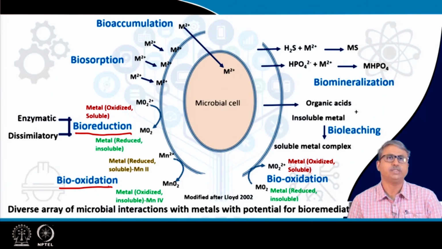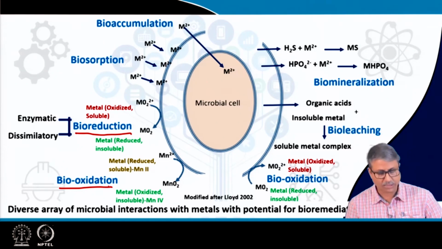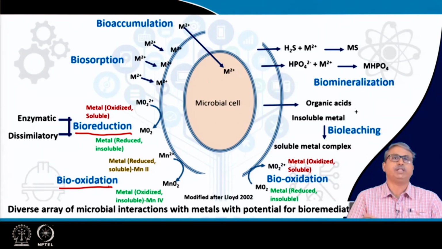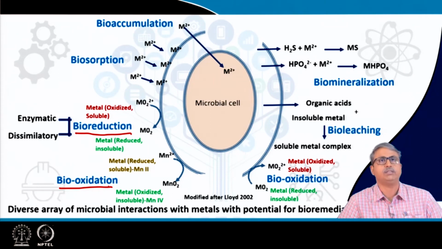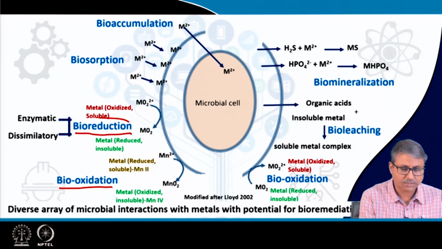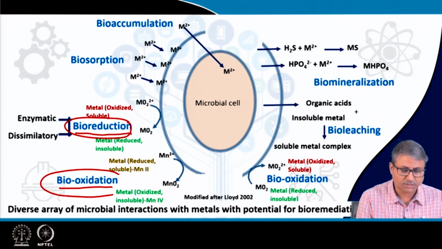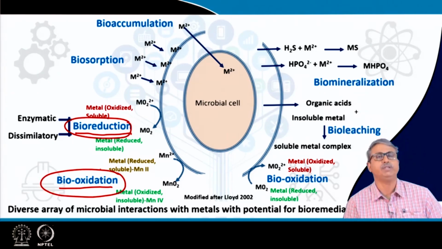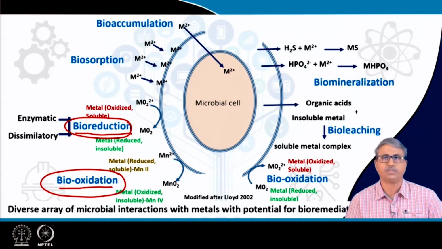During electron accepting, as you know, the microbes are capable of using different metal ions as inorganic electron acceptors. So, they are able to perform their anaerobic respiration using these metal ions. So, these reductive or oxidative processes are both very important for bioremediation purposes.